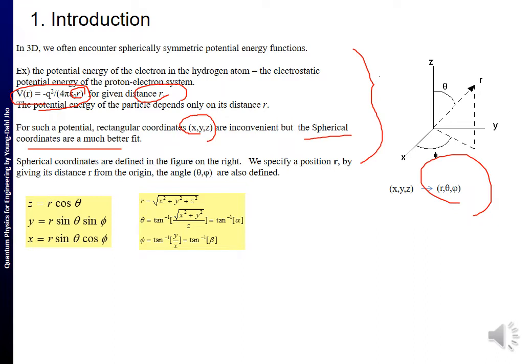Spherical coordinates are defined in the figure on the right. So x, y, z are given here: z equals r cosine theta, and y equals r sine theta multiplied by sine phi. Basically, this is theta, and this is pi over 2 minus theta, right? For the length r, we take this, then we get this value.